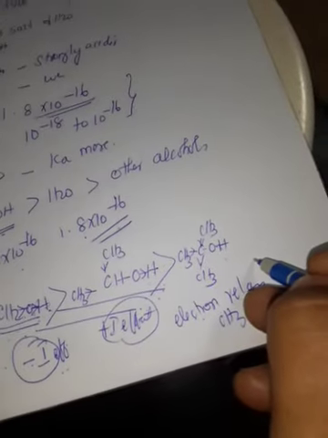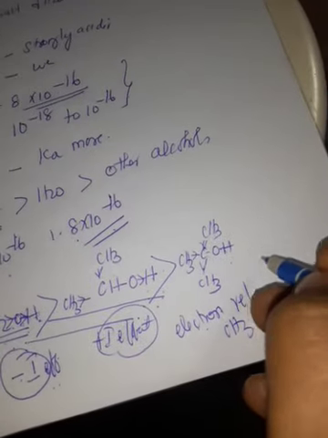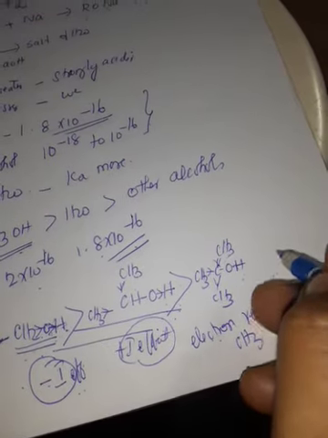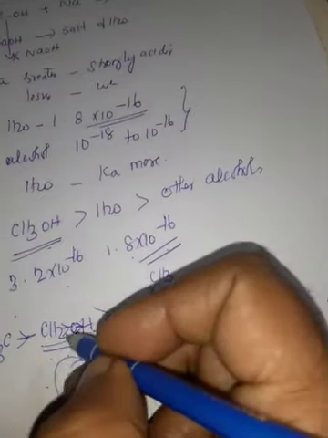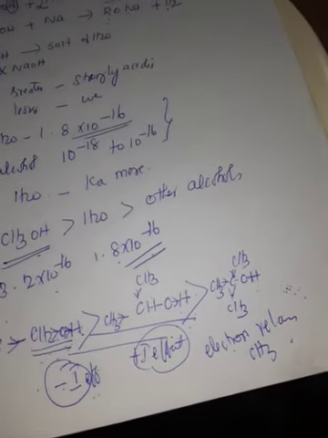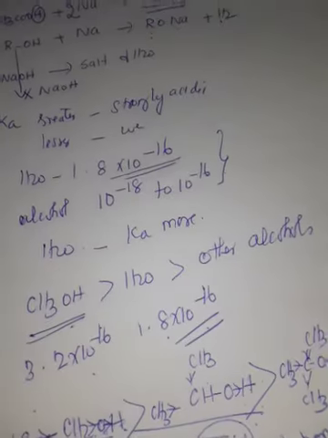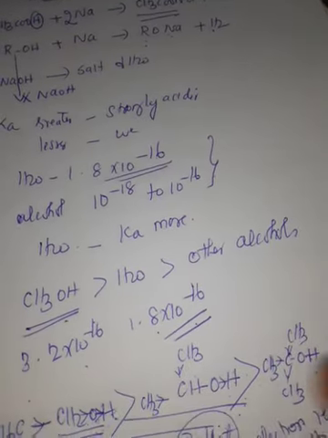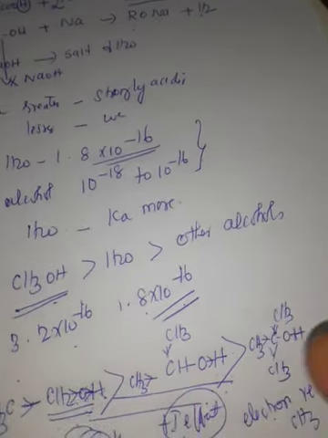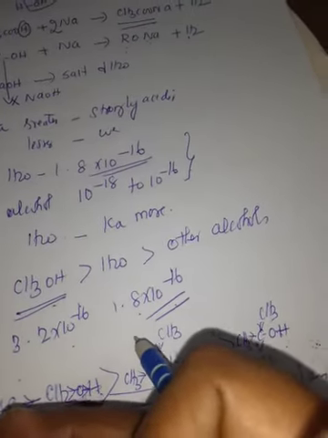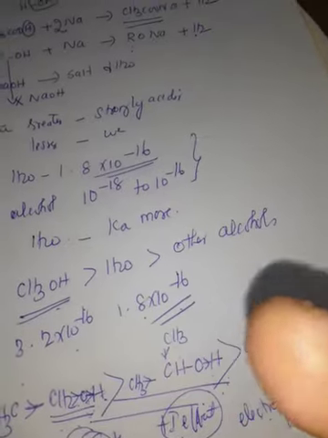Here the Ka value for tertiary is 1 into 10 power minus 18. So this is less acidic, and this is more acidic. So when comparing the three kinds of alcohols, primary, secondary, tertiary, primary alcohol is more acidic when compared to secondary and tertiary.